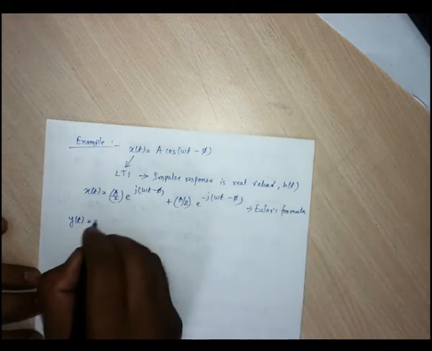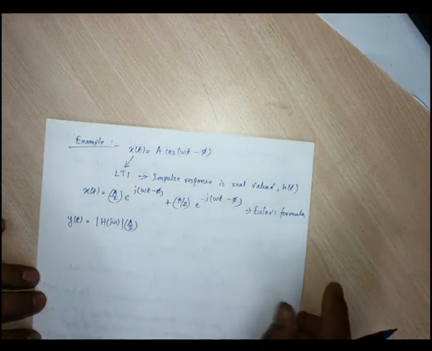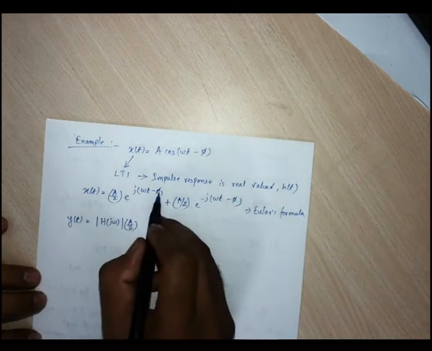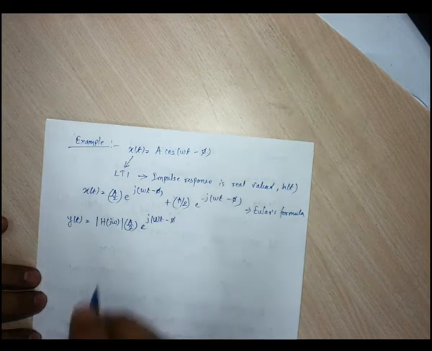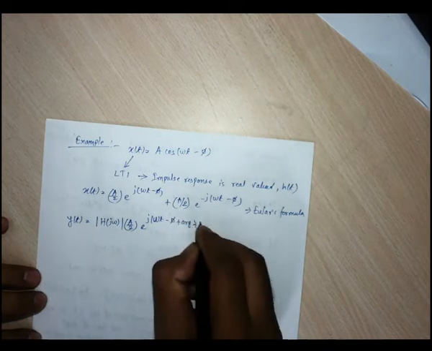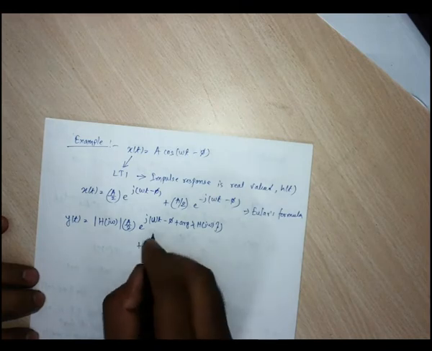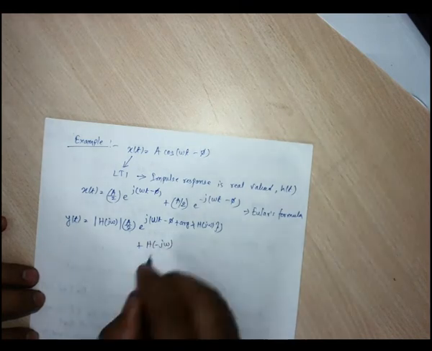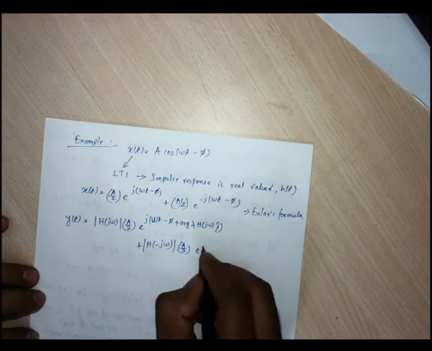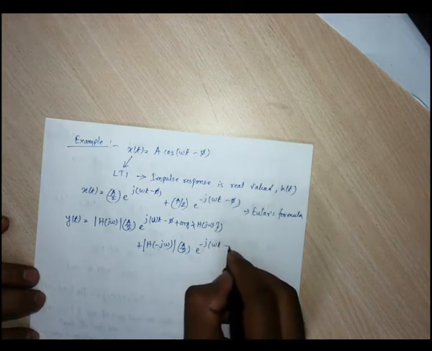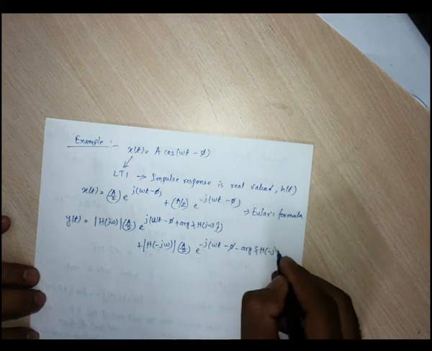So I am writing that as H(jω), which gets multiplied with the constant part A/2, and the argument of H(jω) gets added: e^{j(ωt−φ+arg H(jω))}, plus H(−jω), which gets multiplied with A/2 e^{−j(ωt−φ)} minus the argument of H(−jω).